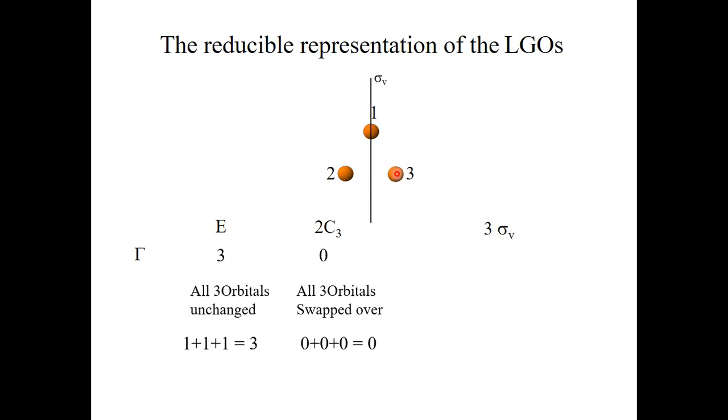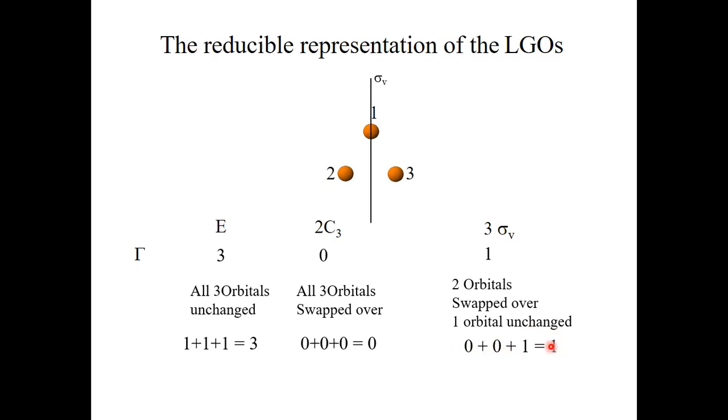And because of that, only the atoms number 2 and number 3 are getting swapped. But as you can see, the atom number 1 and also the associated 1s orbital stays at its position. Therefore, in this case, this orbital gets a character of 1, and the other two orbitals both get a character of 0. Okay, so now that gives overall 0 plus 0 plus 1, and that gives 1.